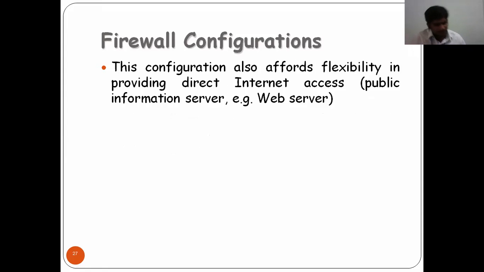Web servers we use by using ODBC and JDBC connections, and we are going to access general database servers. So like that we can access freely by using these firewall configurations. Through the screened firewall configuration we get this flexibility also. We can easily get direct internet access.